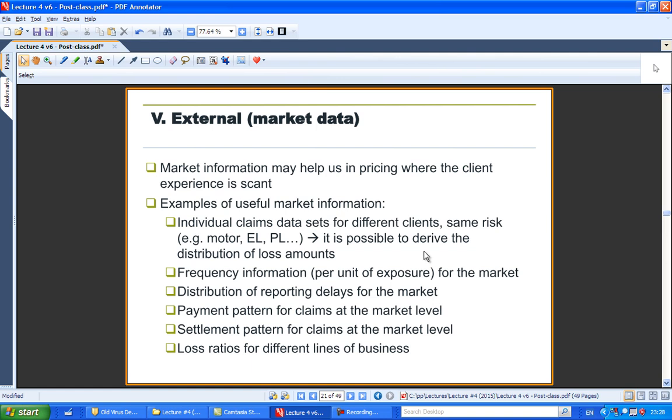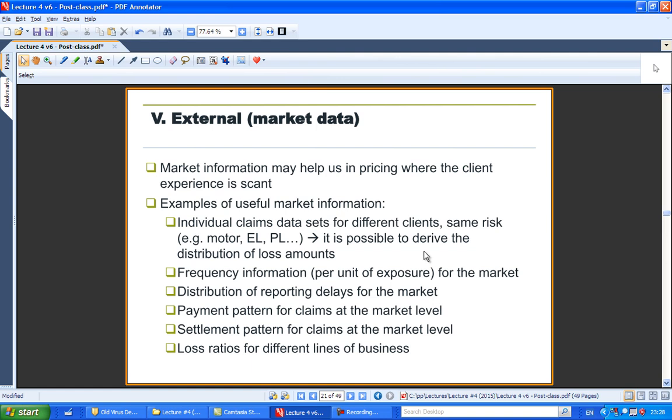Moving on again, I mentioned that we also need normally external market data or portfolio data, that is information that is not client specific. We want that when the client doesn't have enough data, and the type of data that we consider is, for example, claims data from other clients of ours, or in general from people from the industry.